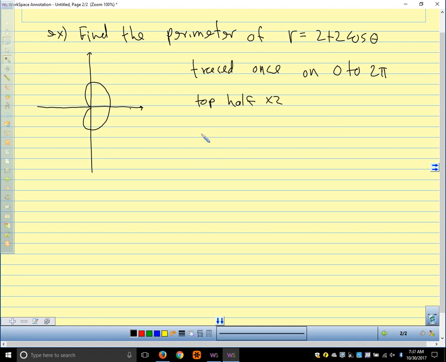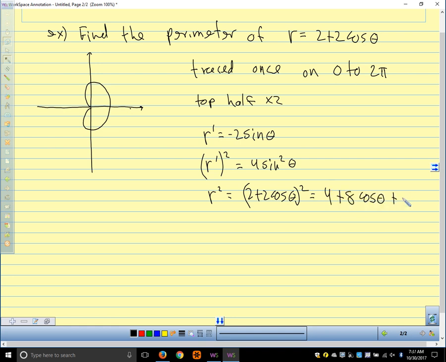All right, so r prime is minus 2 sine theta. R prime squared, we need that, is 4 sine squared theta. R squared is (2 plus 2 cosine theta) squared, so we get 4 plus 8 cosine theta plus 4 cosine squared theta.